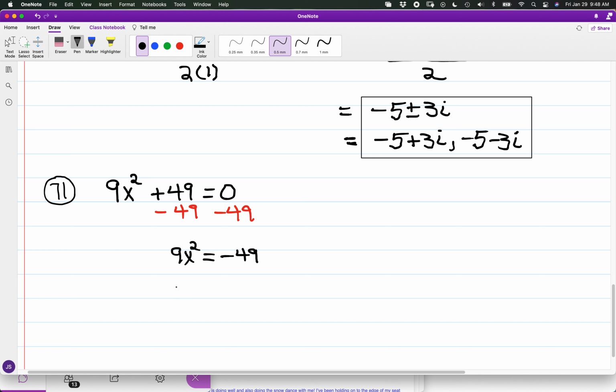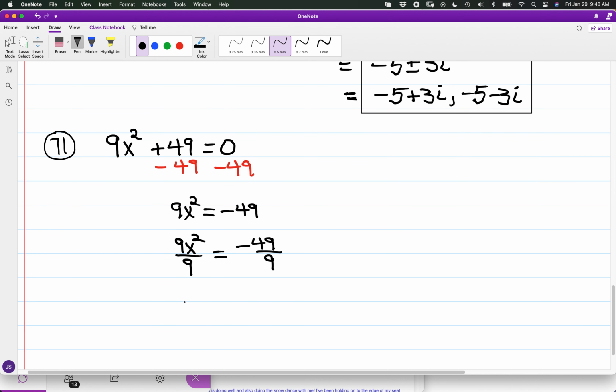And if I go from 9x squared to just x squared, upon division by 9, we're going to have that x squared is equal to negative 49 ninths.